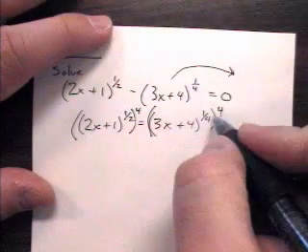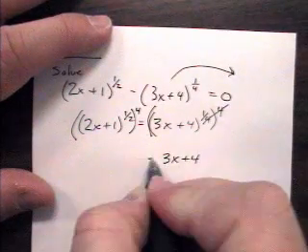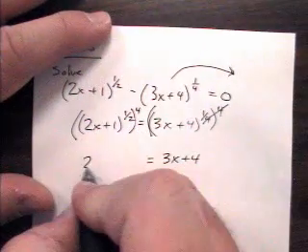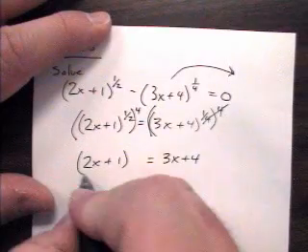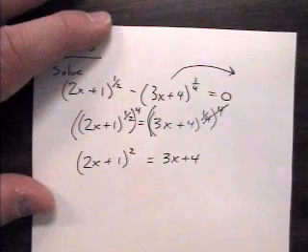Now, on this side, these are going to cancel out and leave me with 3x plus 4. And on this side, it's going to be 2x plus 1, and then 4 times 1/2 is squared.